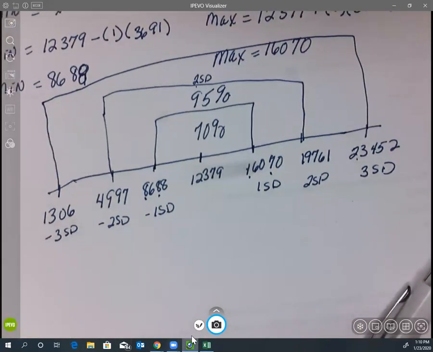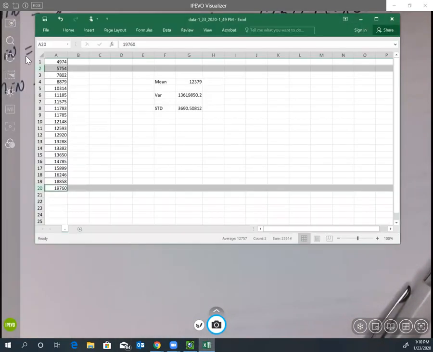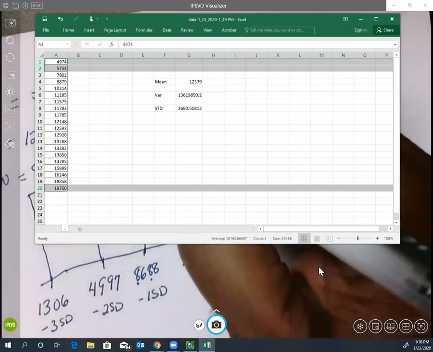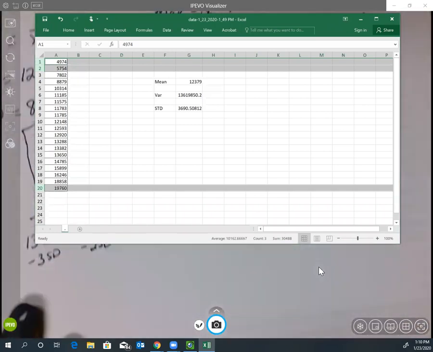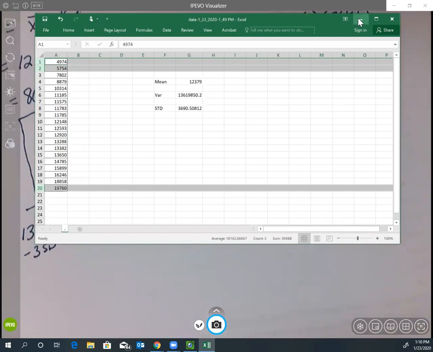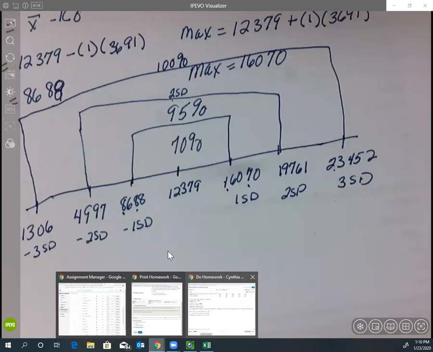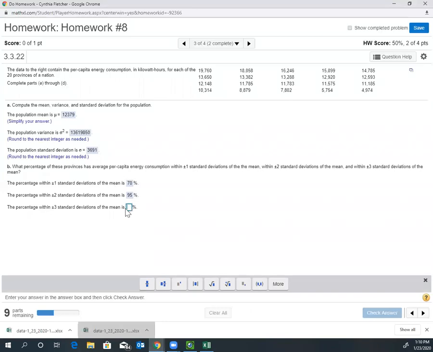Okay, for 3 standard deviations, if we go back to my list, the smallest was 13, so that now picks up this last one all the way to the end. So that includes my entire data set. So that one is at 100%. All of my data values are included. So 100 there.